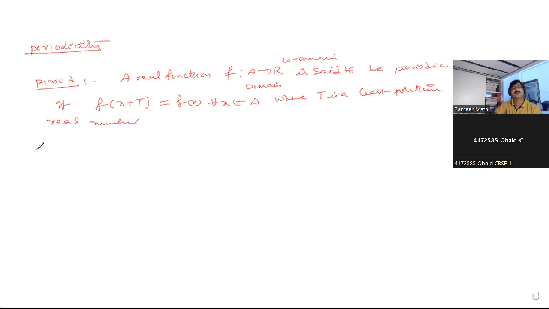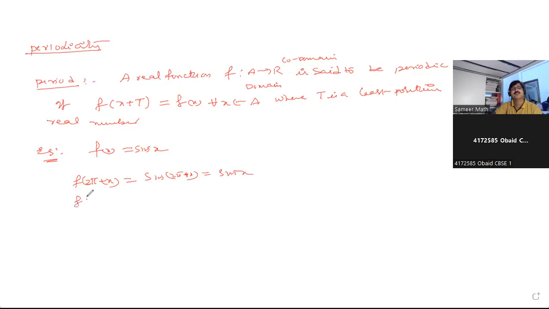Now I would like to take one beautiful example. With this example, I'll make you understand in a better way. You observe here. What is that example? Here I would like to take f of x is equal to sine x. Now in this case, you see that sine of 2 pi plus x, the result is sine x.